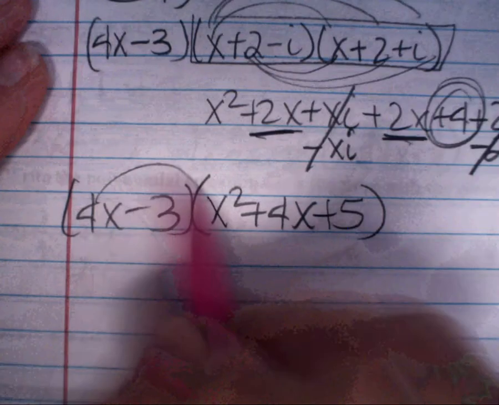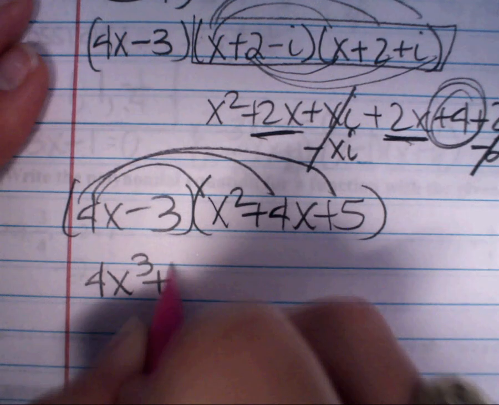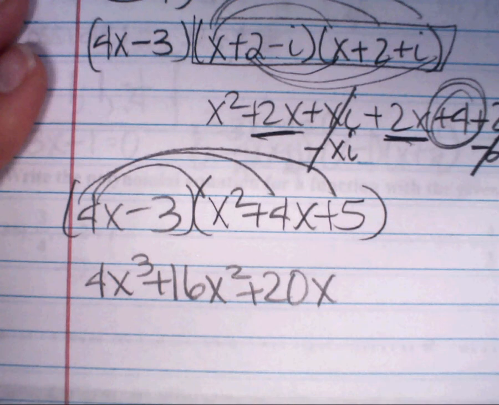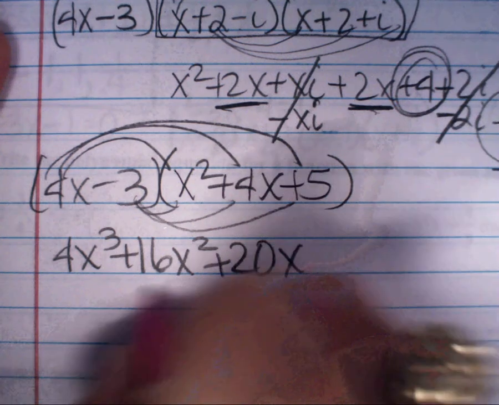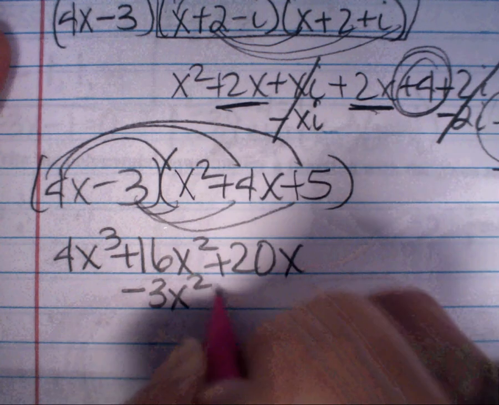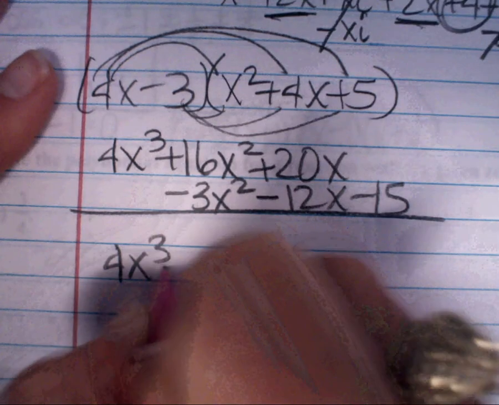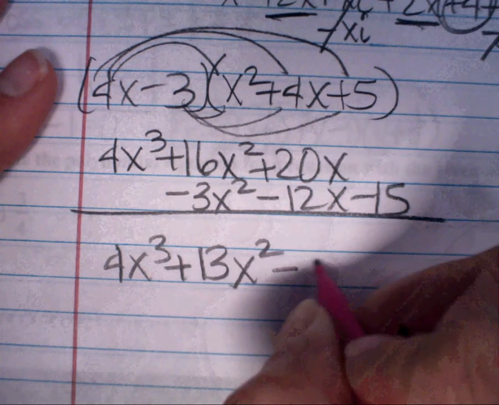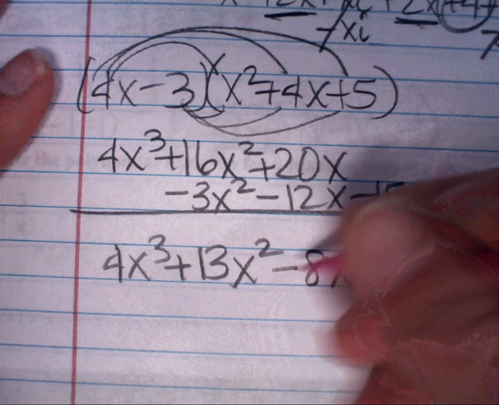So be very careful on simple signs. So why don't I just put it underneath? Okay. So then your final is 4x to the third minus 13x plus 13x squared minus 8x minus 15. That would be a plus 8x.